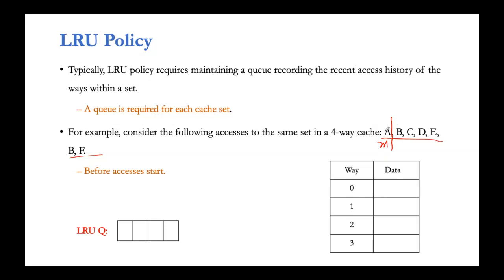It will be fetched from your main memory and loaded into your cache following the set associative placement. In the set, the first empty way is allocated for accommodating this cache line A. As soon as it is loaded in the cache, its recent access history record is inserted at the beginning of your queue.